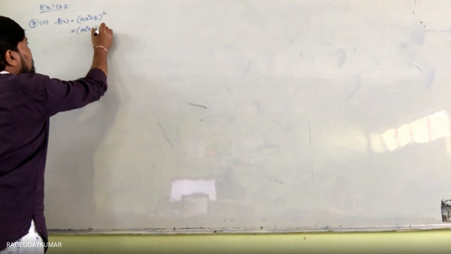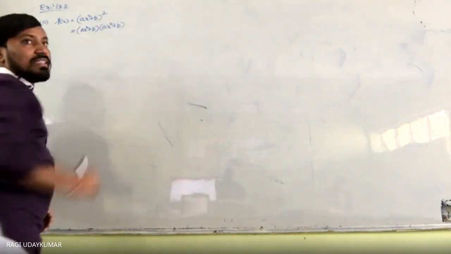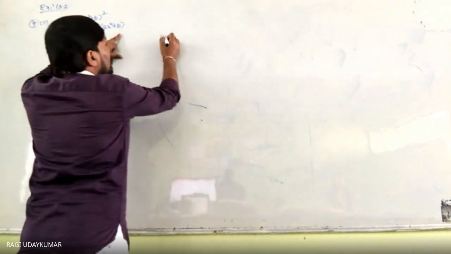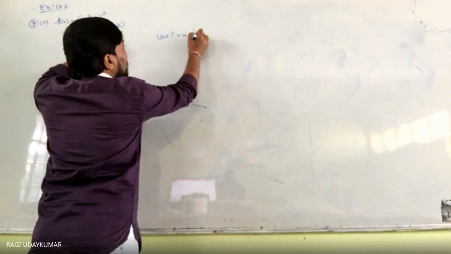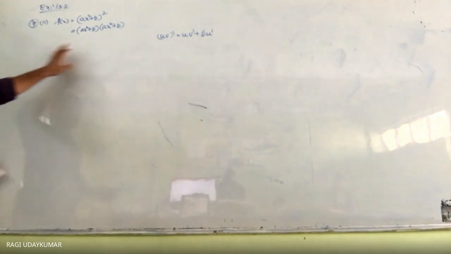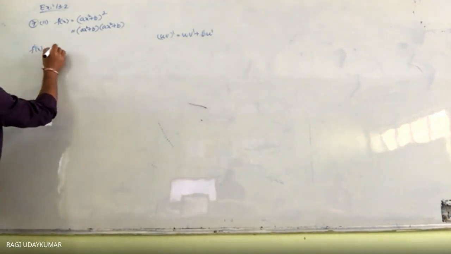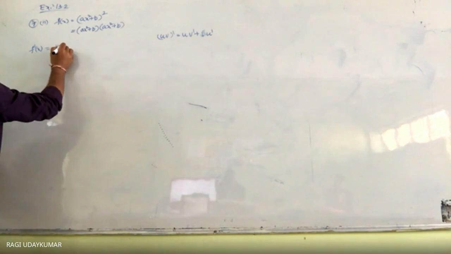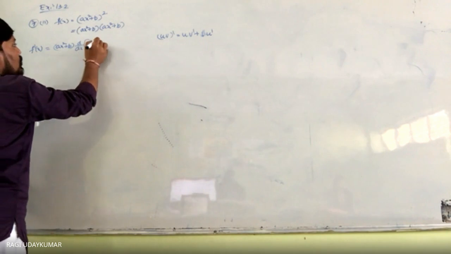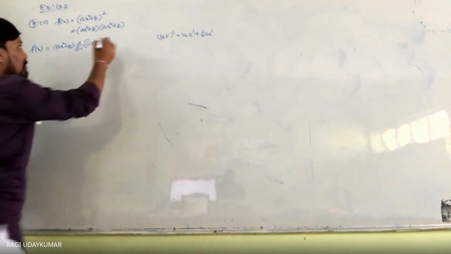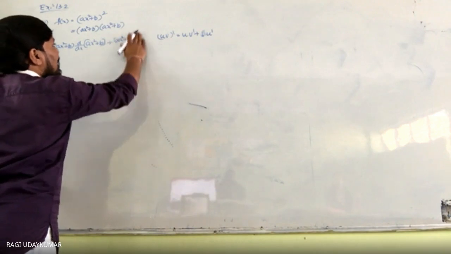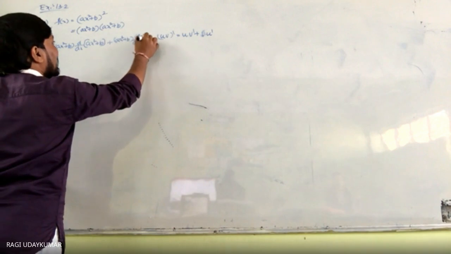You can write ax square plus b, and again ax square plus b, as u into v. So for uv, the derivative is u into v dash plus v into u dash. So f dash of x is first u into v dash, ax square plus b into d by dx of ax square plus b, plus this one, ax square plus b into d by dx of the same ax square plus b.